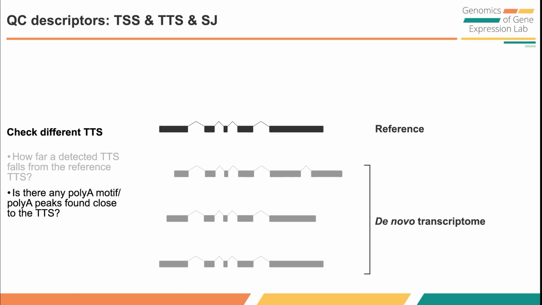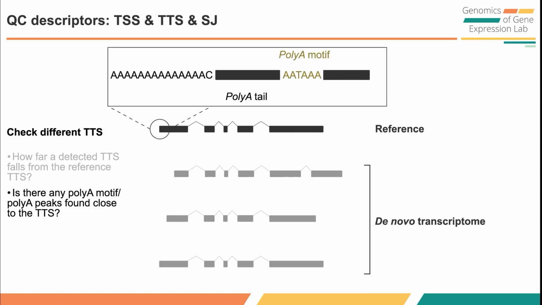Then, if users provide the poly-A motif or poly-A site data, SQANTI3 QC will use this data to create several descriptors regarding the presence of the transcription termination site within poly-A motifs or peaks and the distance to them if detected. A poly-A tail is a 10 to 30 nucleotides downstream sequence that consists of a 6-nucleotide signaling site called the poly-A motif. In human cells, the most common one is AATAAA.